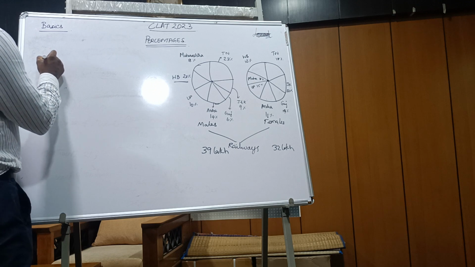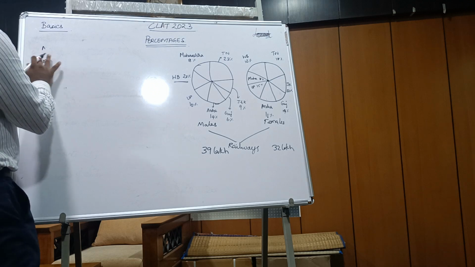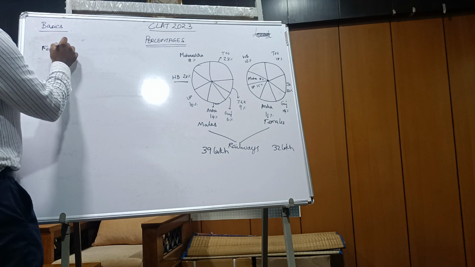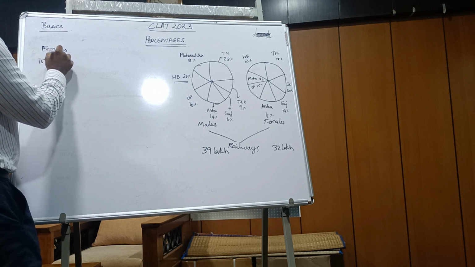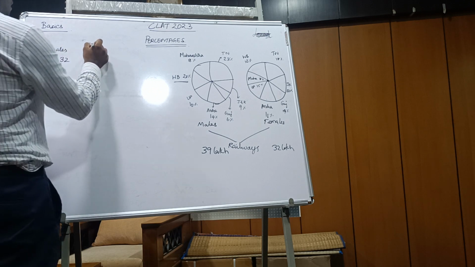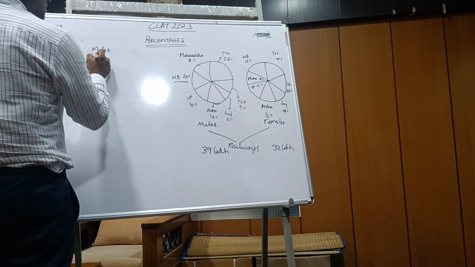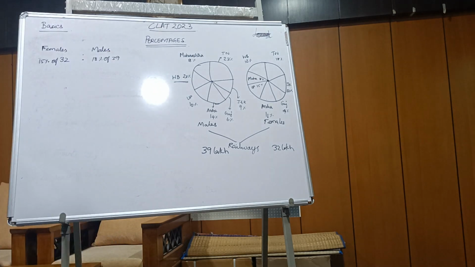So females from UP is 15% of 32 lakh, and males from Maharashtra is 18% of 39 lakh. They are asking the ratio of this. Yes, so let us solve this.